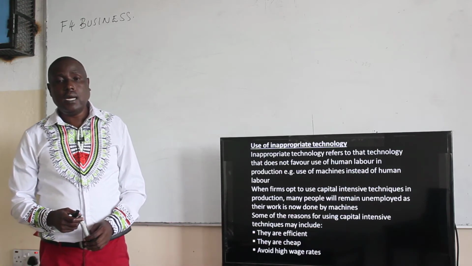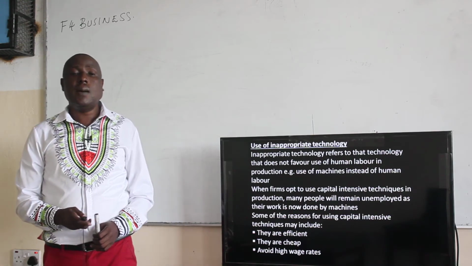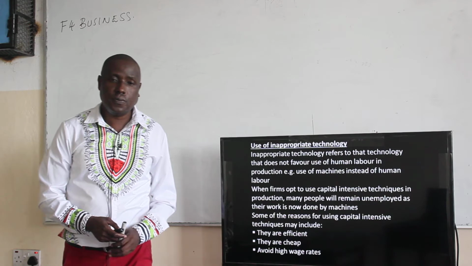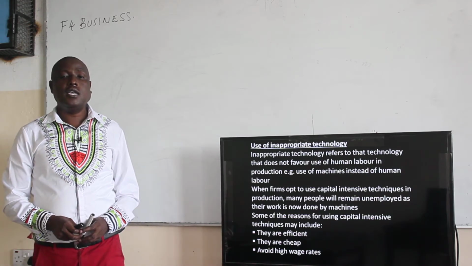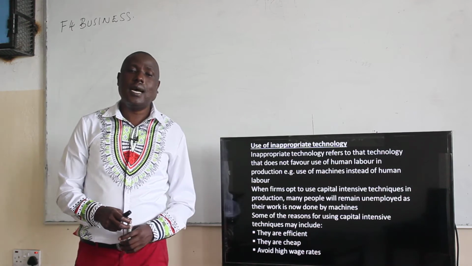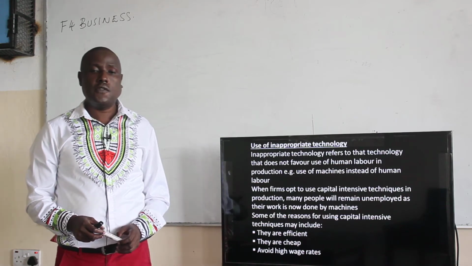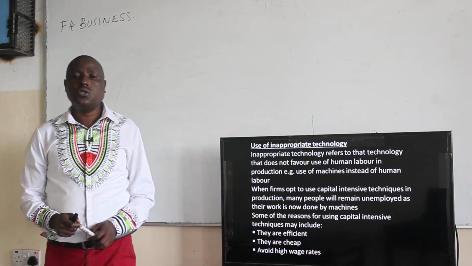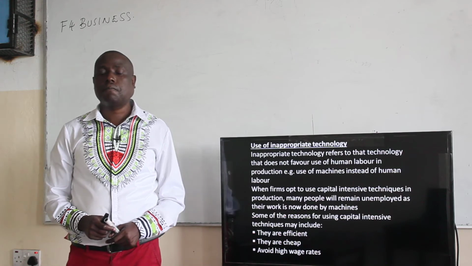The other cause of unemployment is what we call use of inappropriate technology. Inappropriate technology refers to technology that does not favor use of human labor in production, for example use of machines instead of human labor.